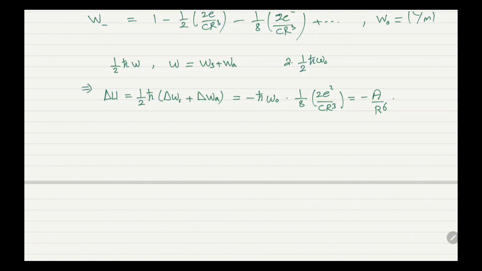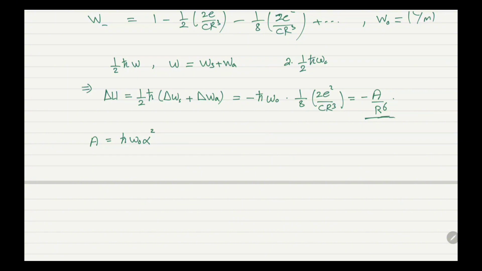And this one right here is the attractive interaction, which is also known as the London interaction or the induced dipole-dipole interaction. And for identical atoms, the value of A is approximately equal to h bar omega naught alpha square.